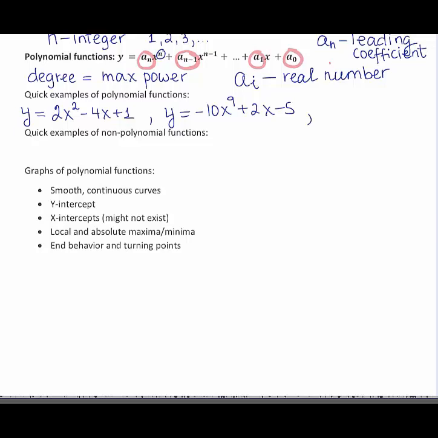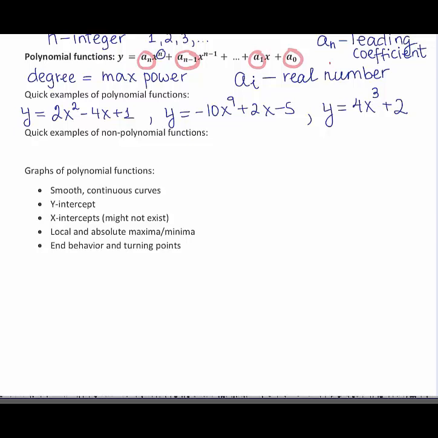What about another example of a polynomial? Let's say something like this, 4x cubed plus 2. Also a polynomial that we are familiar with, that's a cubic polynomial. And you can see that there is a common form here.